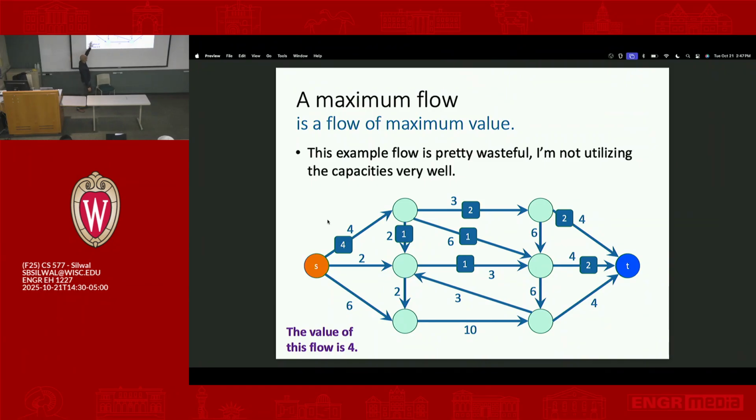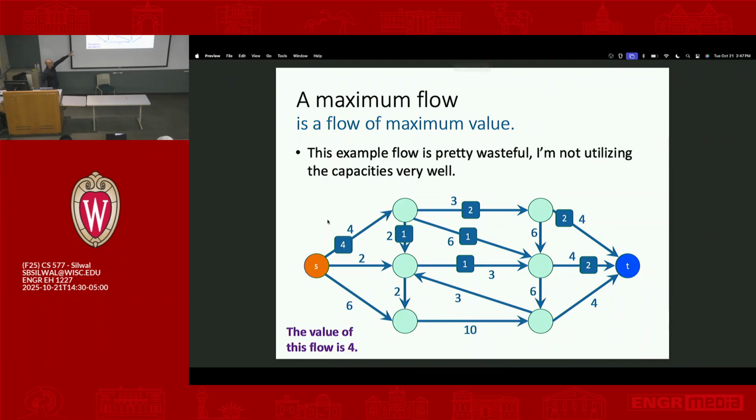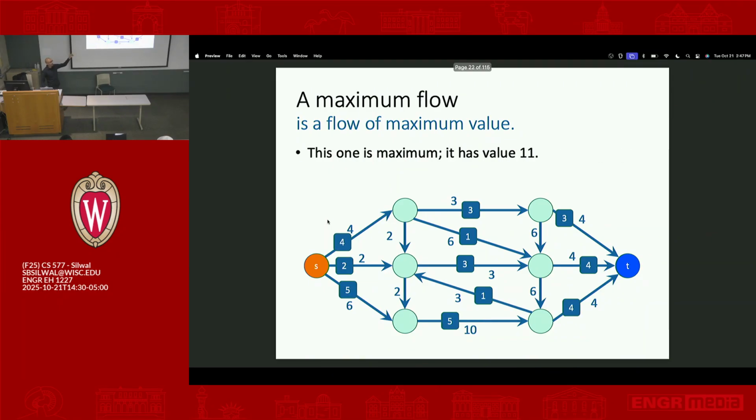For instance, maybe if I go here, I could send more stuff here, which I'm not doing. So this is just an example of a flow, but it's not the best flow. Now this turns out to be the best flow to send stuff from S to T. And what is the value of this flow?